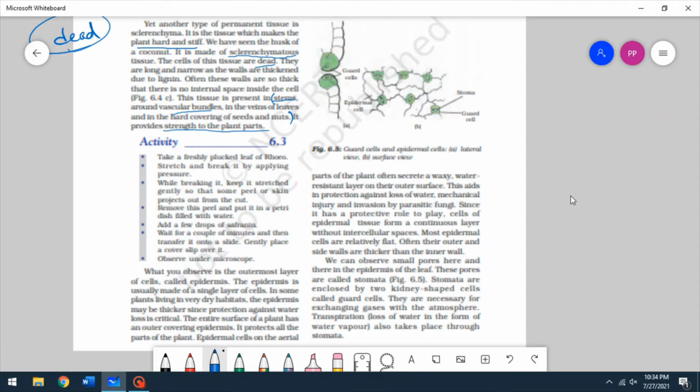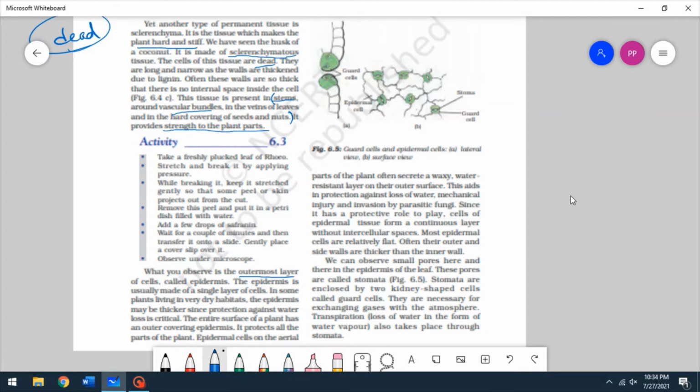So what you observe is the outermost layer of cells. It's called the epidermis. So I've been saying that parenchyma is present as simple permanent tissue in the first few layers below the epidermis. So what is the epidermis? It's the outermost layer of cells.